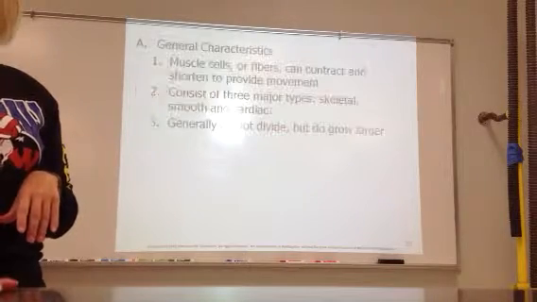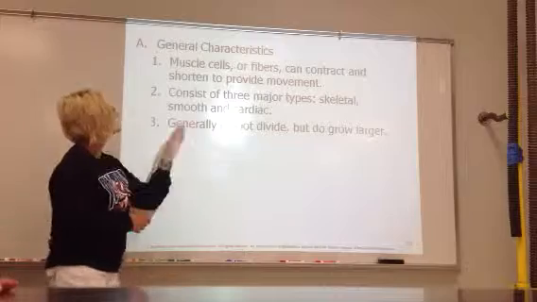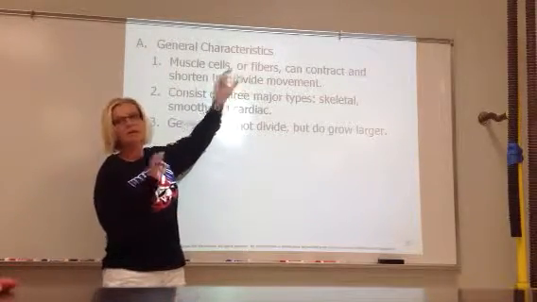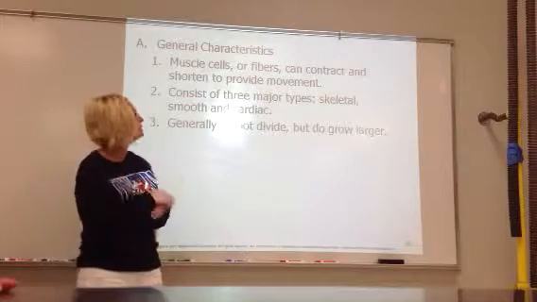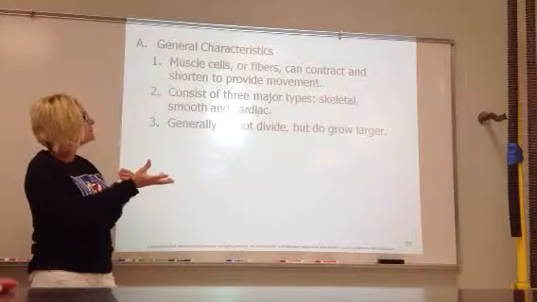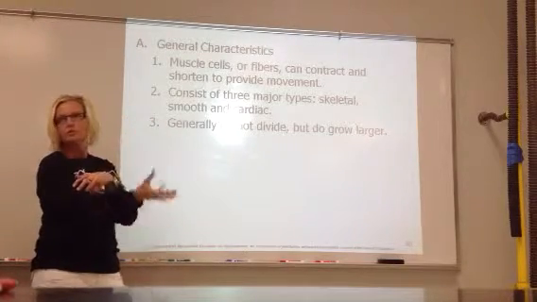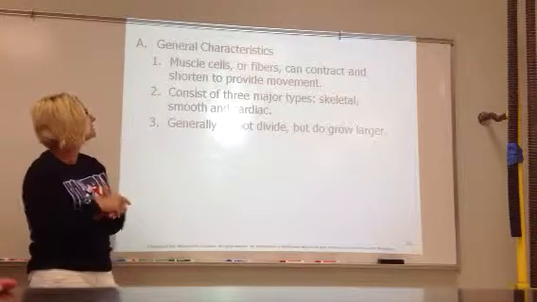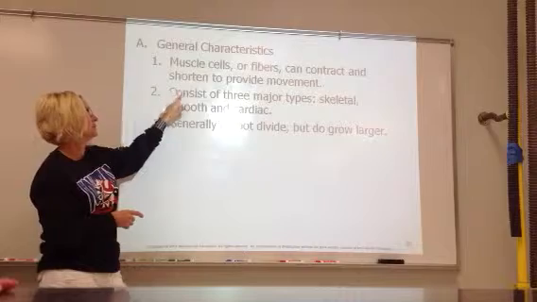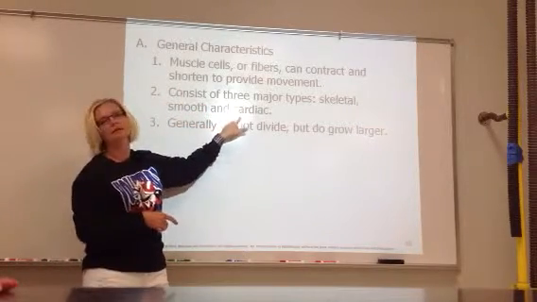So last one, muscle tissues. General characteristics: muscle cells are called fibers. So a muscle cell by itself is called a fiber. Their job is to contract. So muscle fibers can contract and shorten, and when they shorten, they're going to produce some type of movement. There are three types of muscle: skeletal, smooth, and cardiac.